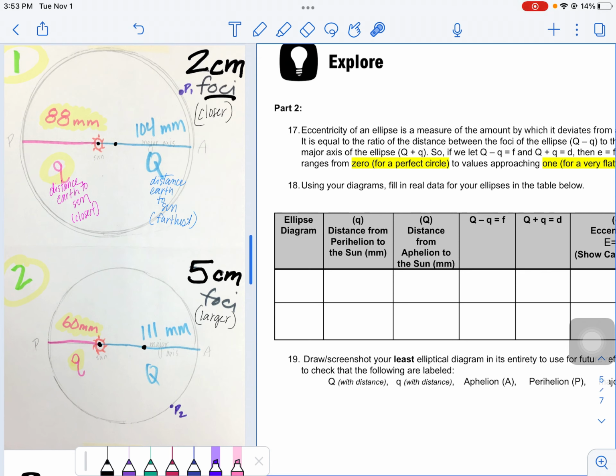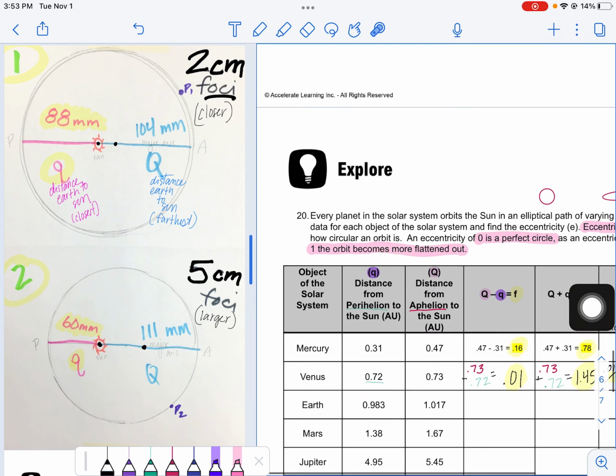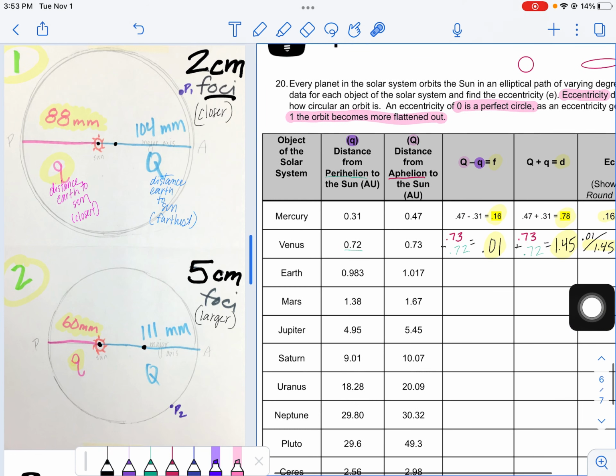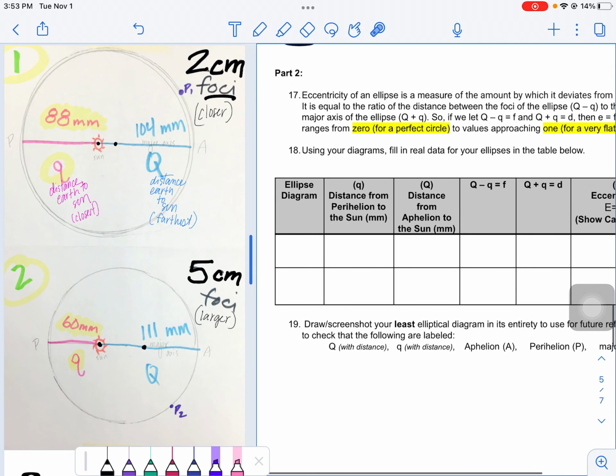Moving on to number 17, you are using these data pieces to create an ellipse calculation. It's the same calculation that you're doing down here in the big data table, and I made a separate video about that. So if you need help getting your calculations going for the ellipses shown here, you can certainly check out that video, or as always, send me a Schoology message.